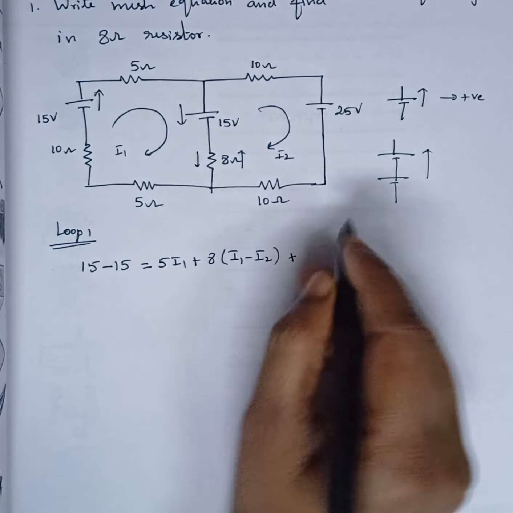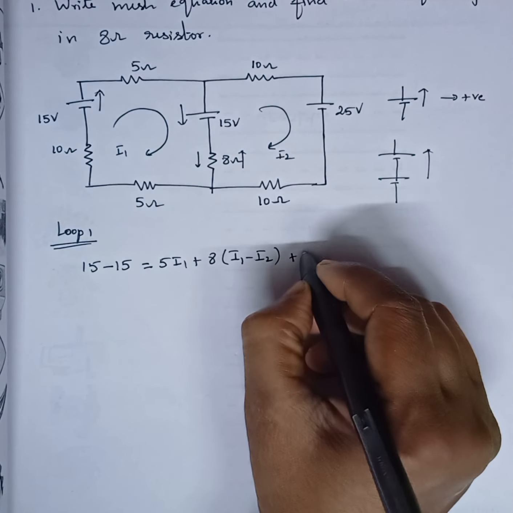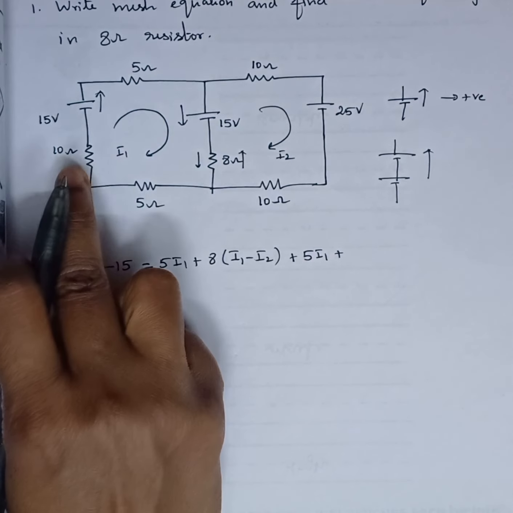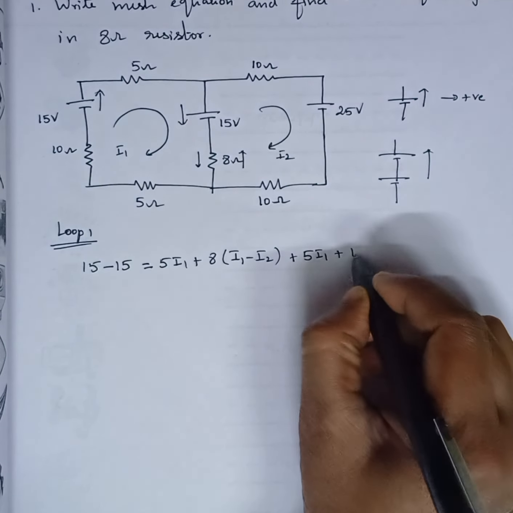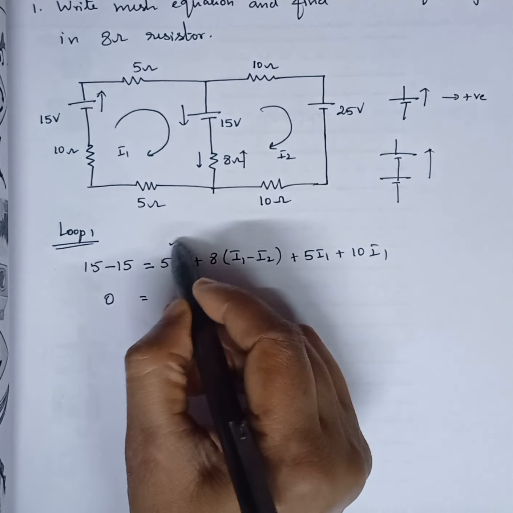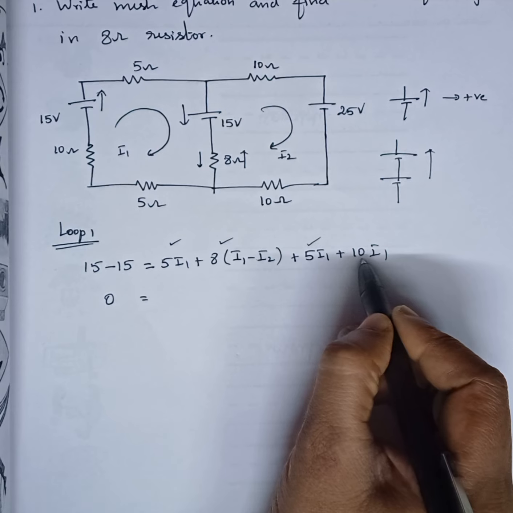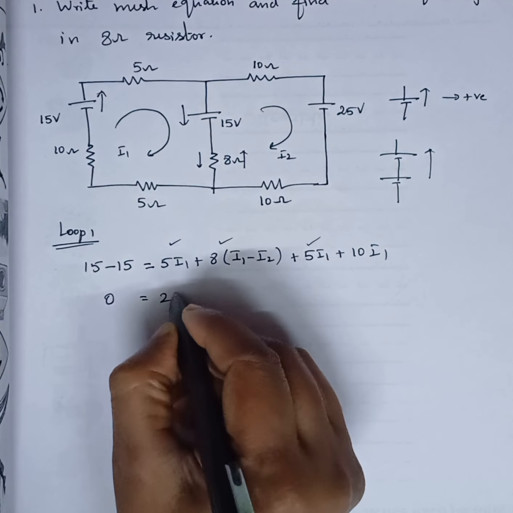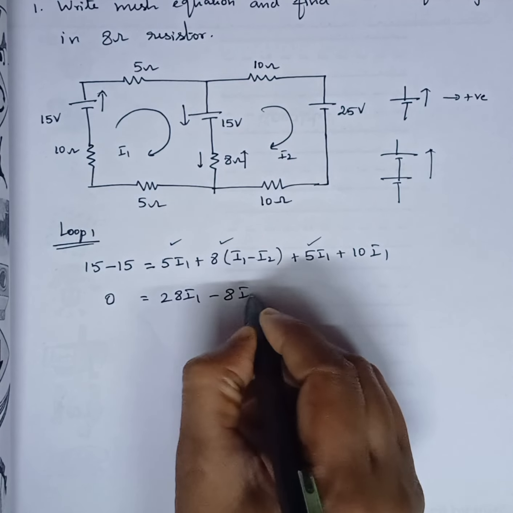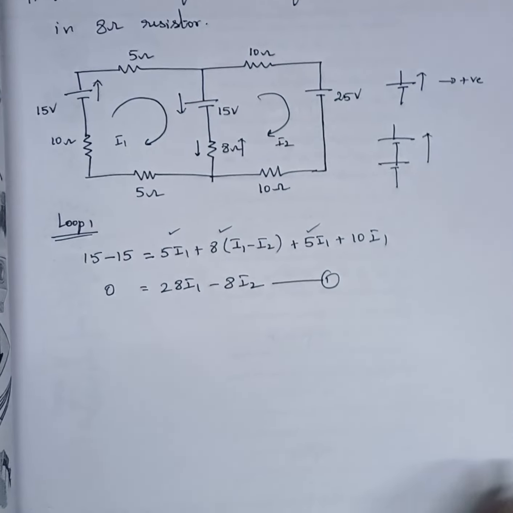Either you can add together or write separately. I1 only flows here, here also I1 only flows: 5I1, 10I1. So 0 is equal to 5I1 plus 8, 13, 18 and then 28. So I'll write this as 28I1 minus 8I2. This is my first equation, clear?